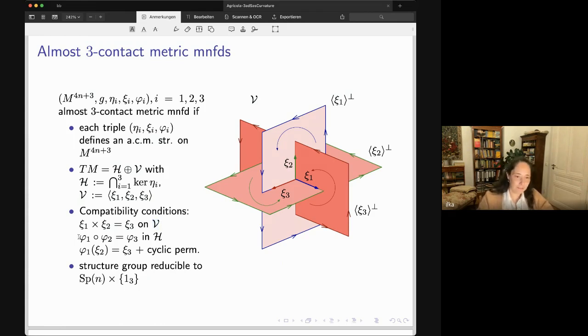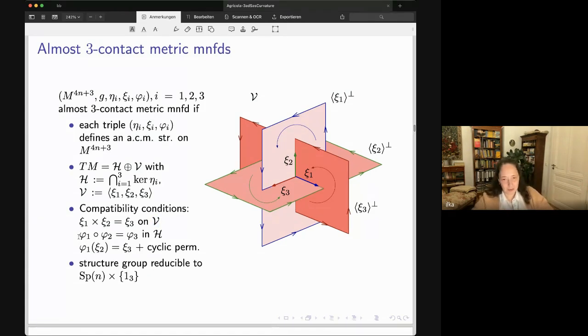And secondly, in each of these perpendicular planes, I have an almost complex structure, phi_i. This is what the phi_i's are doing. So phi_1 in this plane is basically the almost complex structure, which in particular would map psi_2 to psi_3, which is written here.